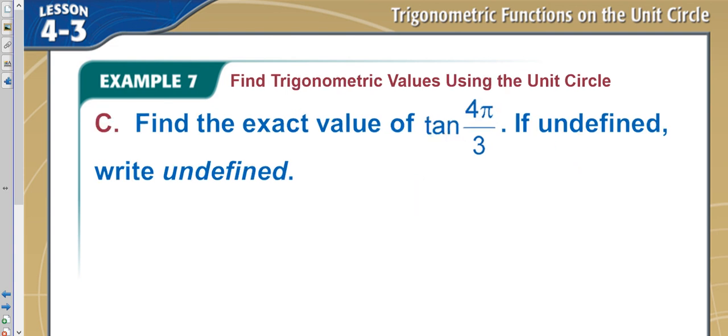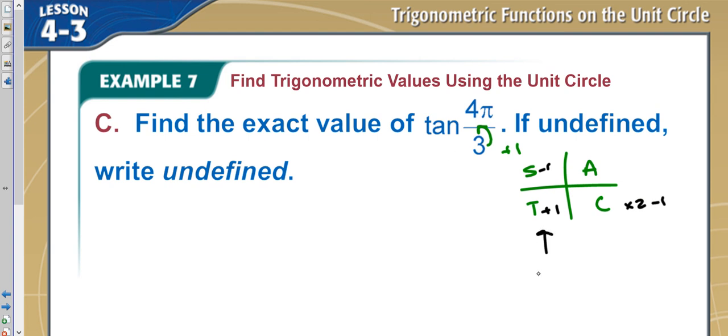Let's try this one. This again is a plus 1. Now, do you remember which quadrant was the plus 1? A, S, T, C. Which one was it? If this is minus 1, this is our plus 1 there. This is the times 2 minus 1. So it's in this quadrant. Tangent is positive in the T quadrant. So all we need to figure out is what is tangent of pi over 3.